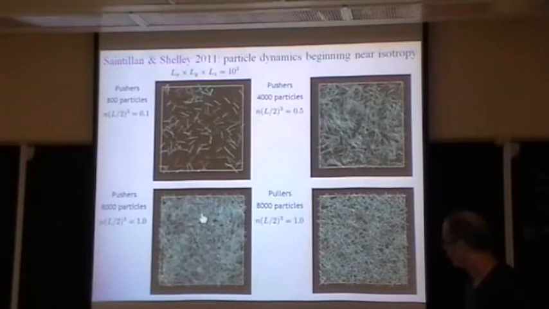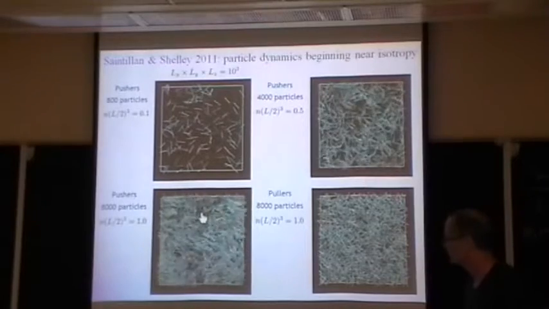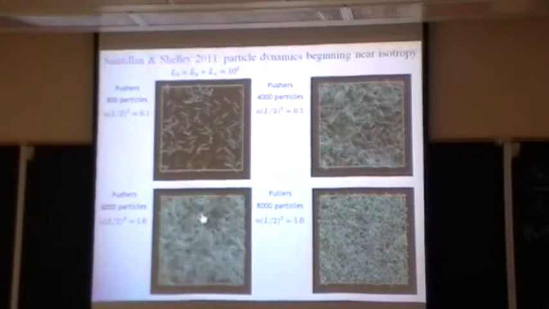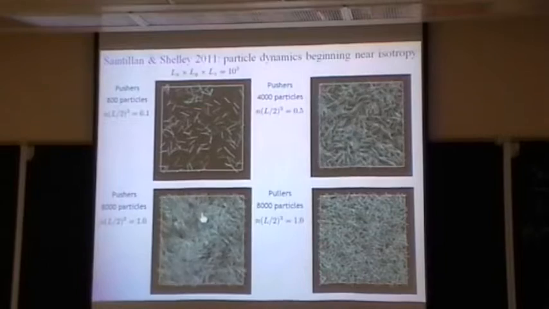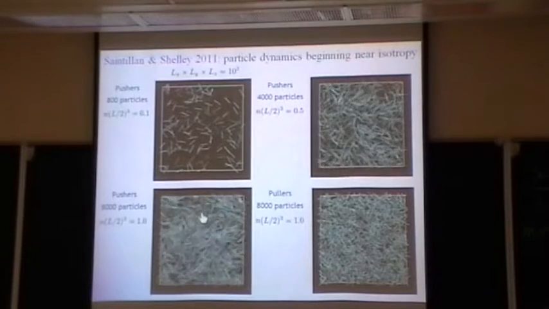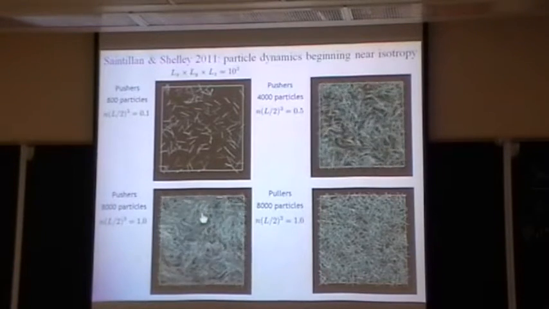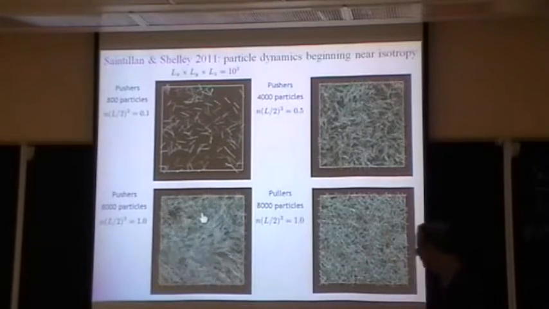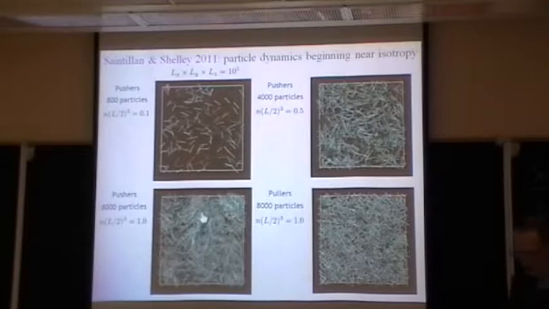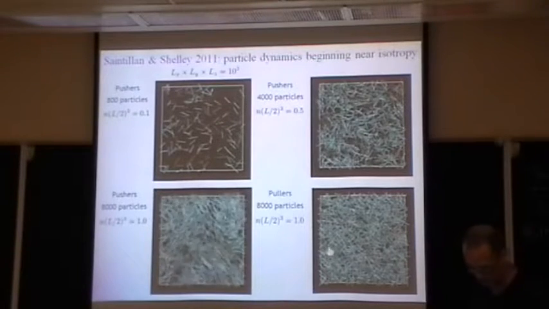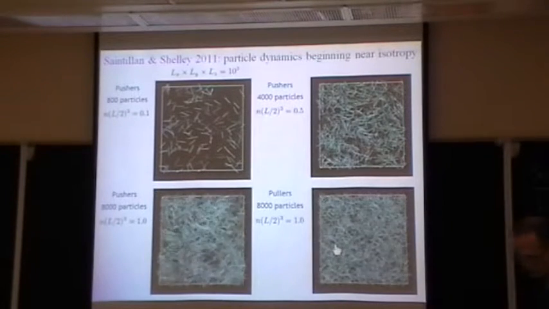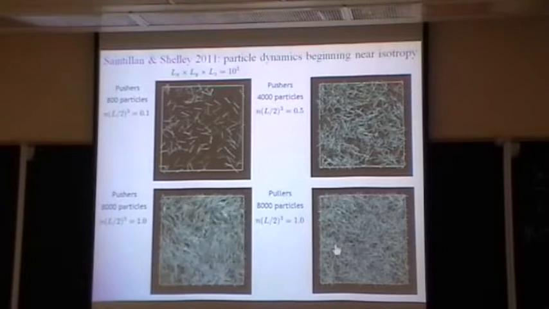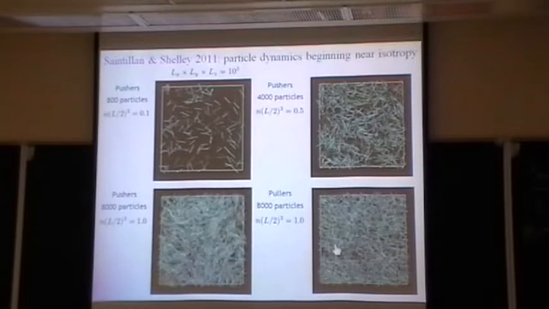And then you go up to 1, and then you can definitely see structure in here, and things that look like number concentrations. And roiling around, you have this kind of strong local order. It's very dynamic. And these are pullers. And pullers just don't do anything.